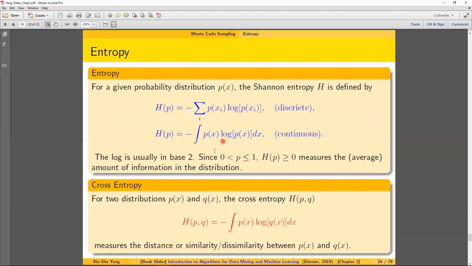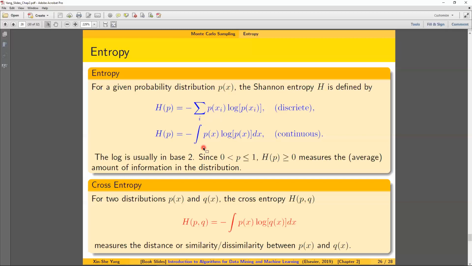Pay attention, there's a negative sign here, and then it's the probability distribution times the log of the probability distribution, summed over different realizations of x_i, for a discrete distribution.